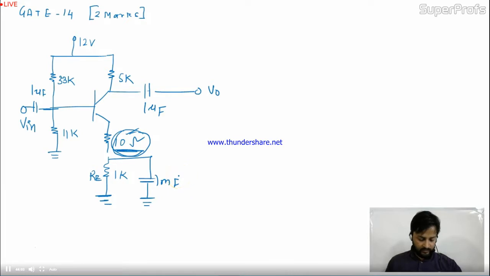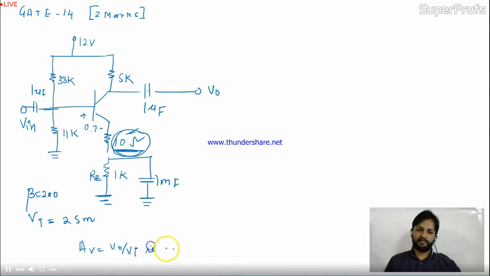For the amplifier shown in the figure, the BJT parameters are VBE 0.7 always, beta is 200, thermal voltage VT is 25 milli. The voltage gain V0 by Vi of the amplifier is, it's a fill-up type, in volt they are asking.